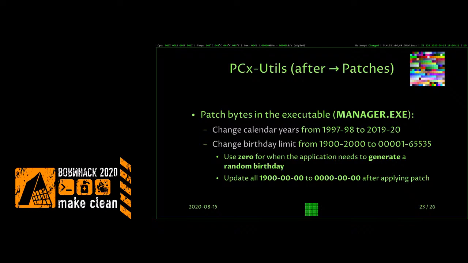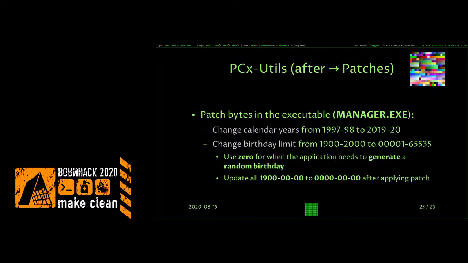I didn't know that it was actually a calendar. So you have to put 1997 to 2019 and then 1998 to 2020. I was only updating the first value, so I had a strange calendar that was going from 2019 to 1998. Of course, after a few clicks of the mouse, everything just crashed, right?